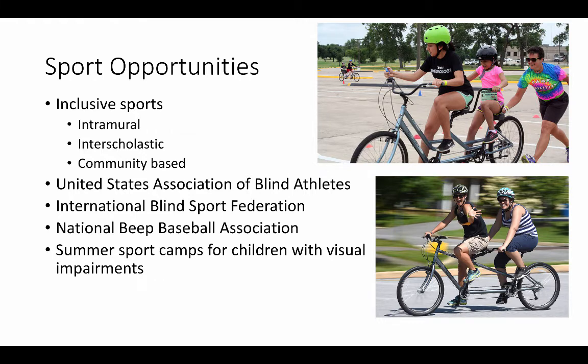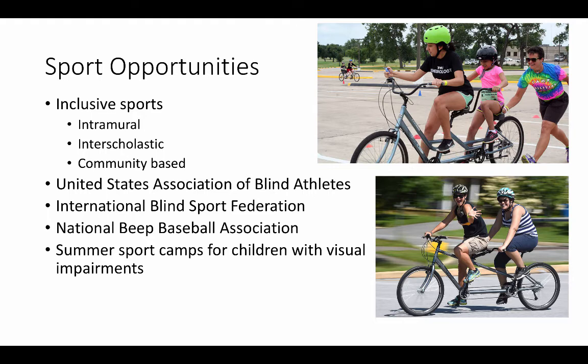So what are some sport opportunities? Well, there's inclusive sports. They should be able to participate in intramural, interscholastic, and community-based programs with modifications. And that's where rule modifications and equipment modifications need to occur for them to be included. Now, there's also the United States Association of Blind Athletes, which hosts specific sports and also more sports that are inclusive to everybody, like biking, cycling, track and field.